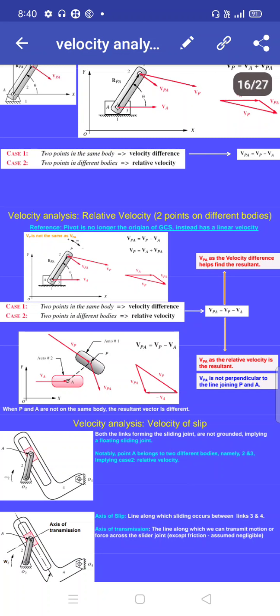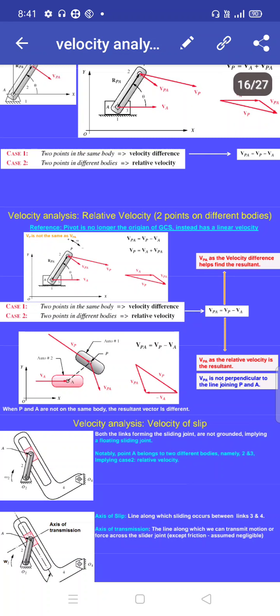VPA is the resultant relative velocity. VPA is not perpendicular to the line joining P and A when P and A are not on the same body. The resultant vector is different.